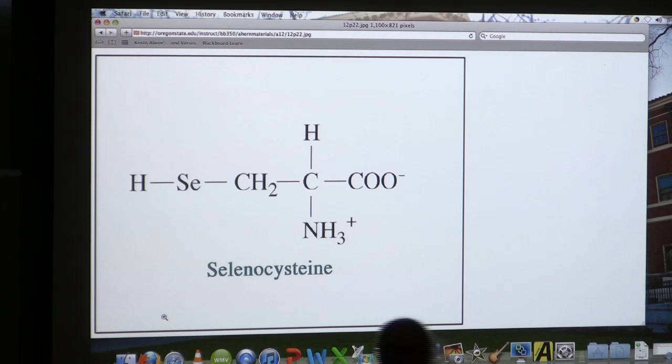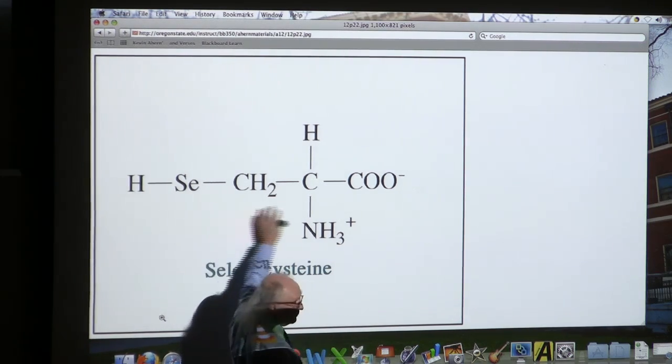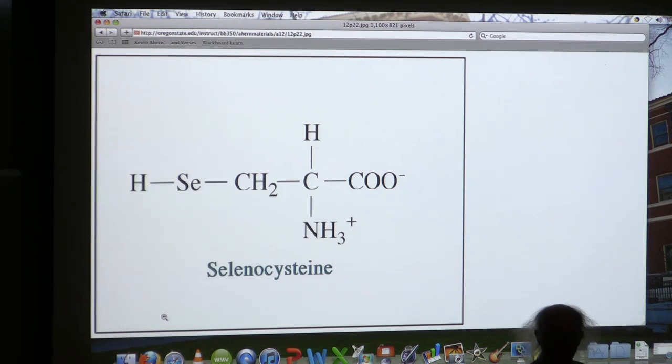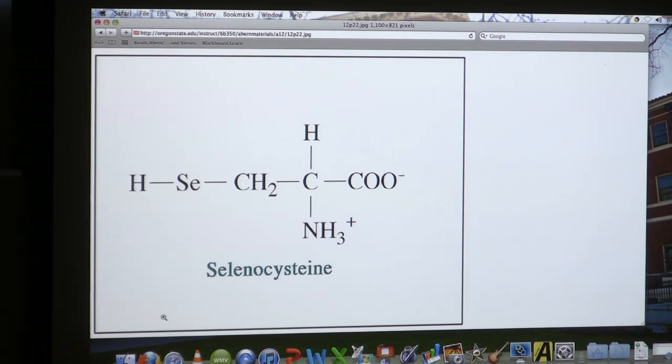Besides the 20 amino acids, we've seen modifications, for example. We have hydroxyproline in our collagen because we covalently modify that and put it in. But we don't covalently modify this guy and put it in. We actually put it in as selenocysteine. The genetic code only specifies 20 amino acids, so how do you get a 21st amino acid in there? It's kind of an odd trick.